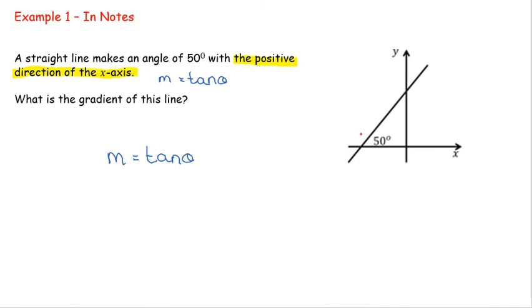First of all, my line makes 2 angles with the x-axis, one to the left and then another to the right. Now the positive direction of the x-axis is to the right of this line, so I'm looking at the 50 degrees in here. So I can input my angle now, so m equals tan of 50.